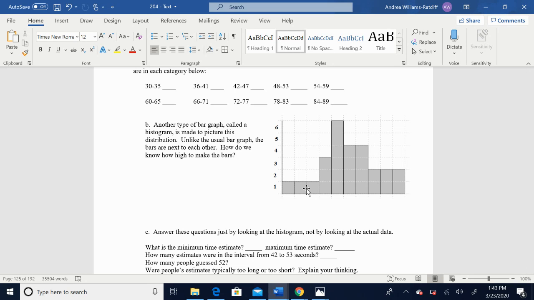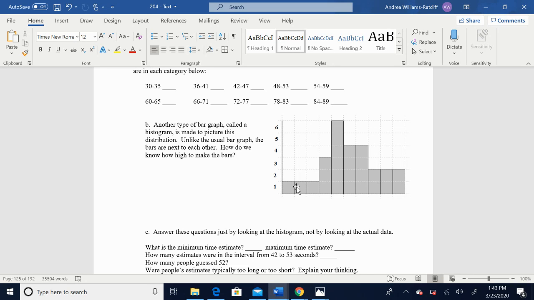Okay, so now let's think about that. These results were all in whole seconds, right? So what I might say is that this boundary here between the two bars is 35 and a half. Okay, I know I don't have any results that are going to be half because they're all in whole seconds.